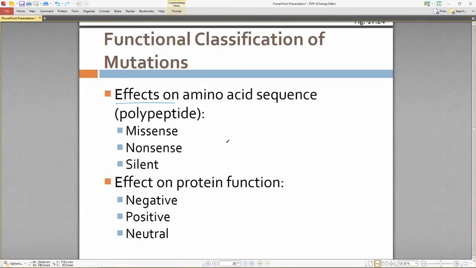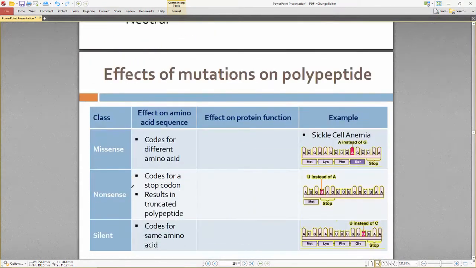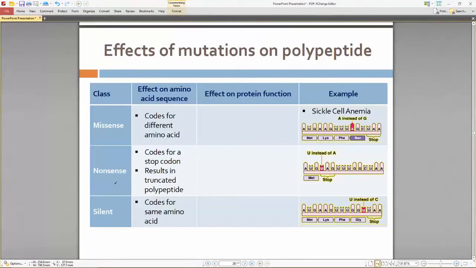So we know the different types of mutations, but now we also classify the effects that these mutations can have on an amino acid sequence, and with these effects, the general effect on protein function itself. So let's look at this. A missense mutation is when you code for a different amino acid, or the effect of a missense mutation on an amino acid sequence is a different amino acid.